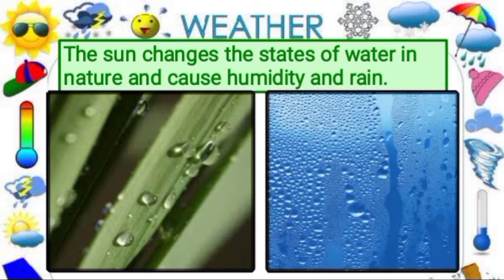In clouds, these tiny droplets combine to form bigger droplets, and when the cloud becomes saturated, it rains. But in very cold areas where the air temperature falls below 0 degrees Celsius, water droplets fall as snow.